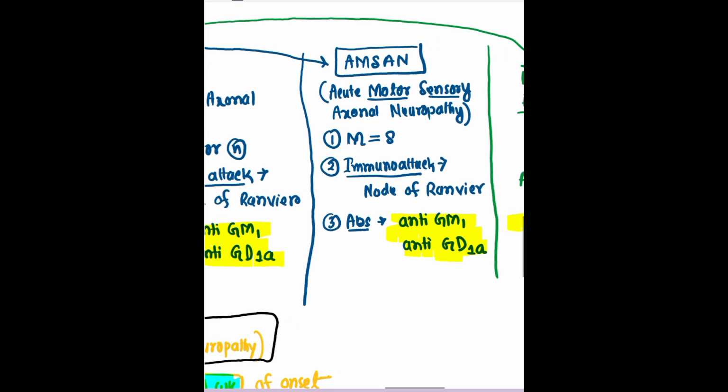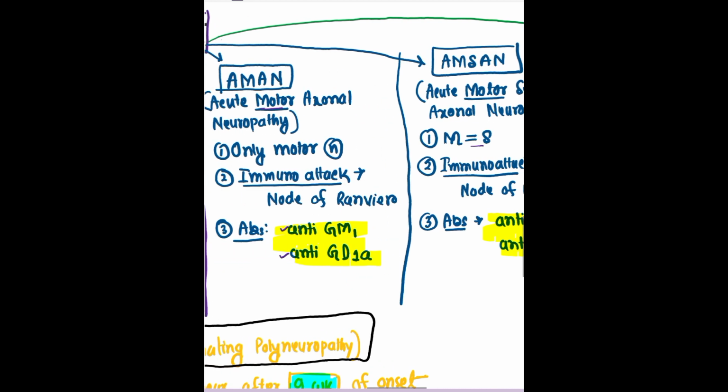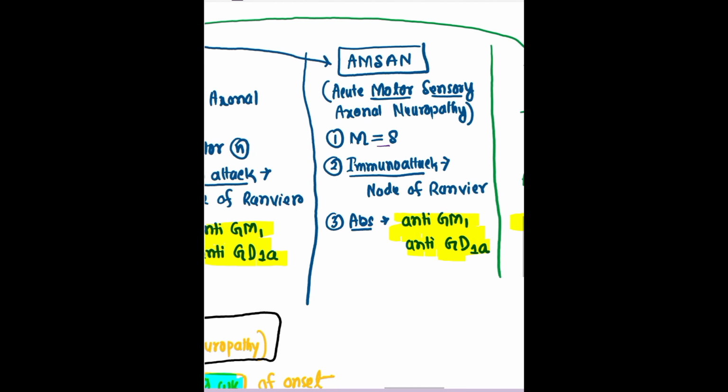Another variant, AMSAN, acute motor sensory axonal neuropathy. Here both motor and sensory nerves are equally affected, and the immune attack is like acute motor axonal neuropathy. Here also the node of Ranvier is involved.